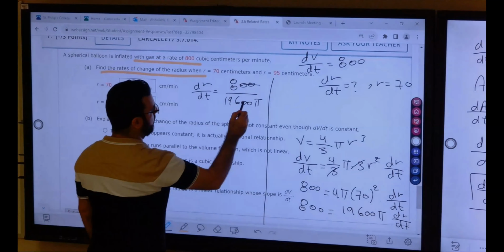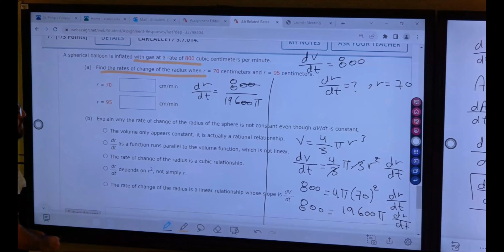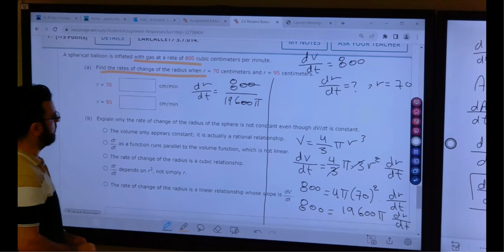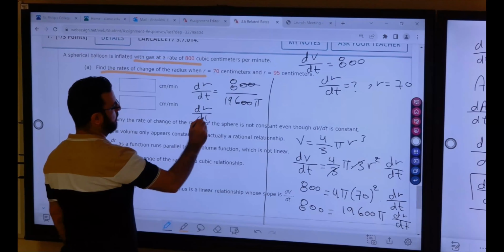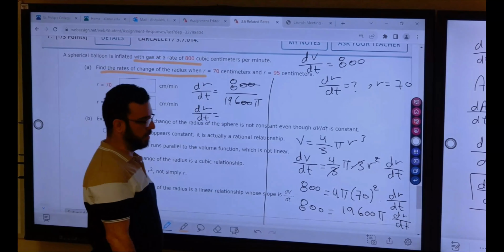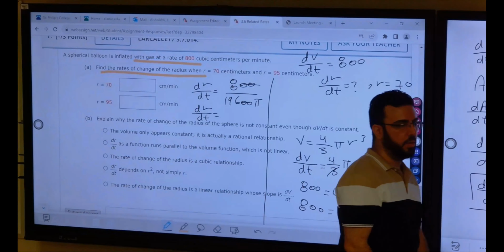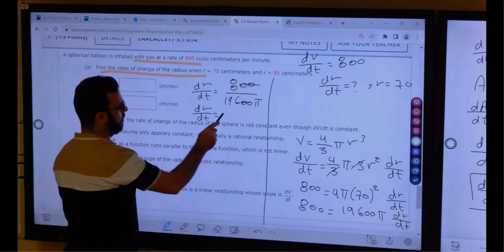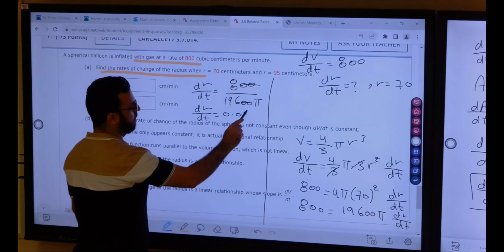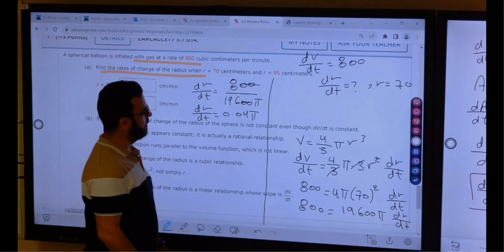Cancel these two zeros. How much is it going to be? 0.04, approximately. Alright, yes.